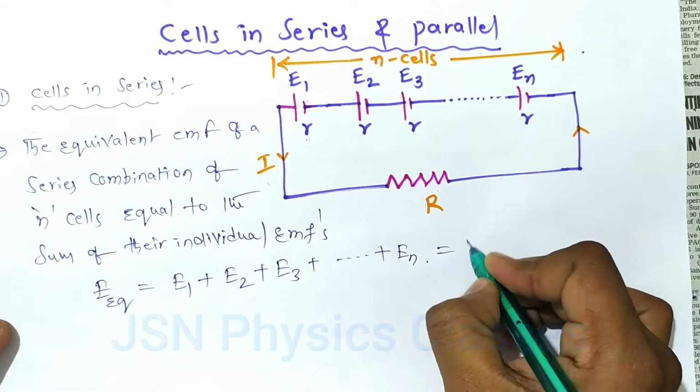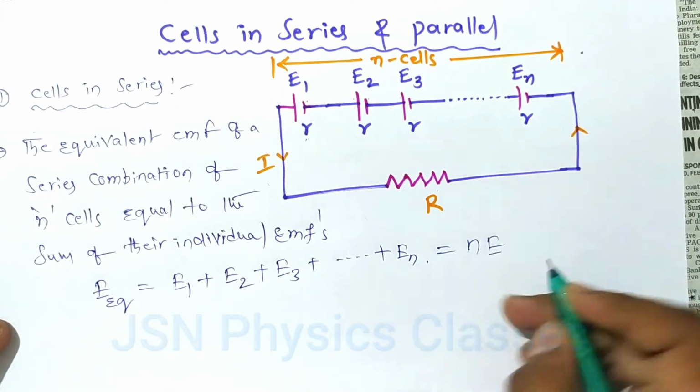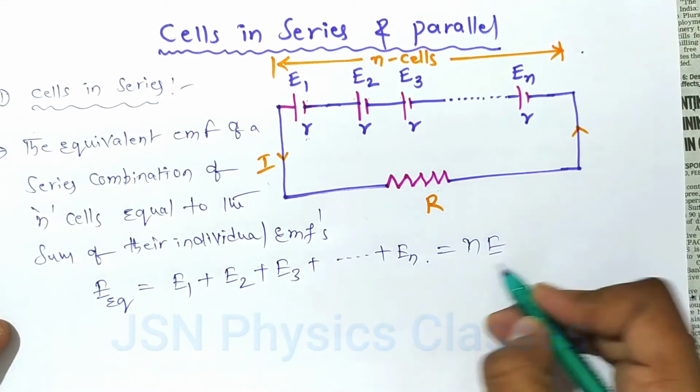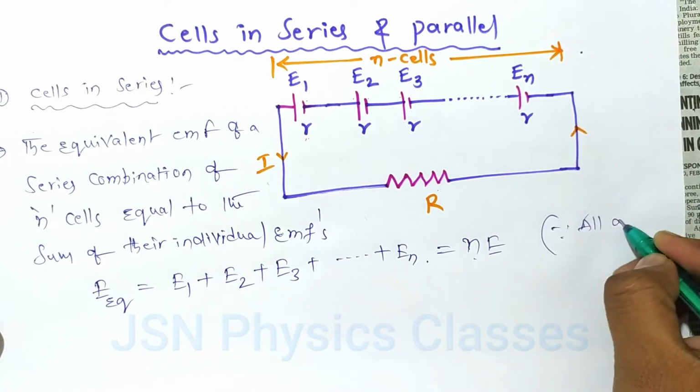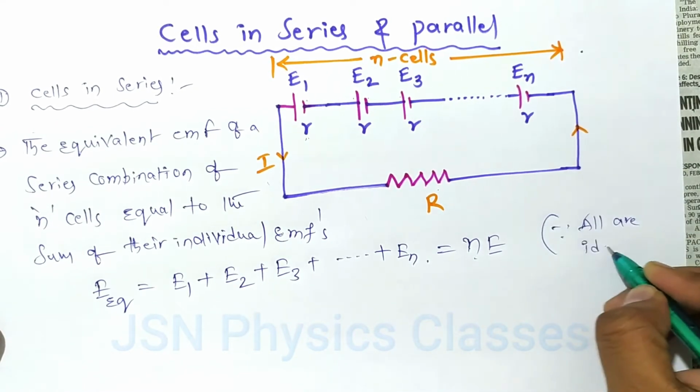So I can write n into E, where n is the number of cells, since all are identical.